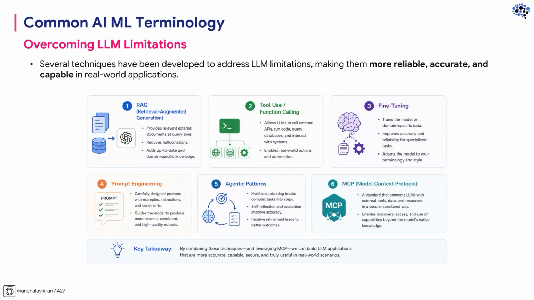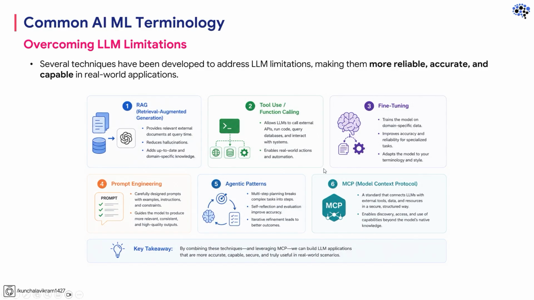And then you can also give LLMs the ability to use tools like calling external APIs, running code or querying databases. It is like giving LLMs the ability to take action, not just generate text.